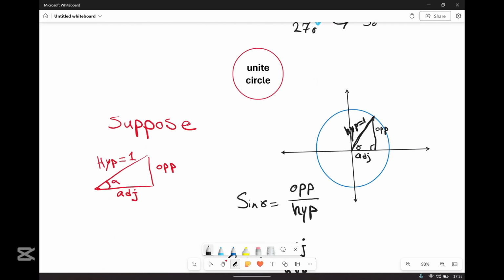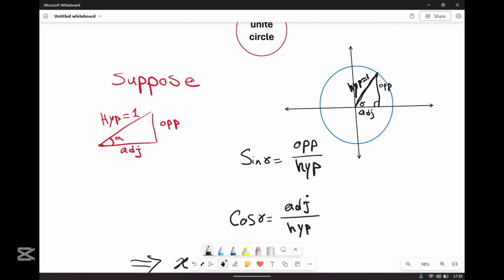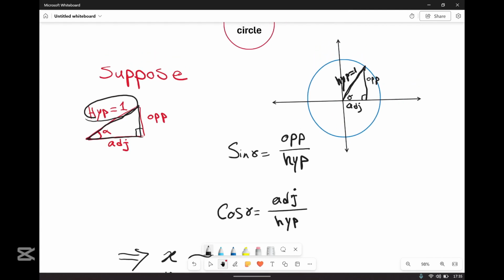But in the unit circle, not just do we select the angle, there is a so important property. Consider here our right triangle with hypotenuse 1, and right now write me sine and cosine. When the hypotenuse is 1, the opposite side is exactly this value, which is the sine of gamma.